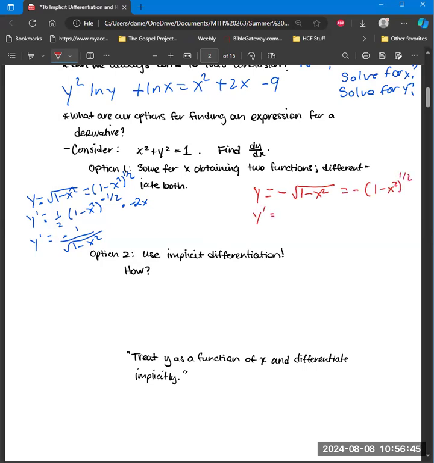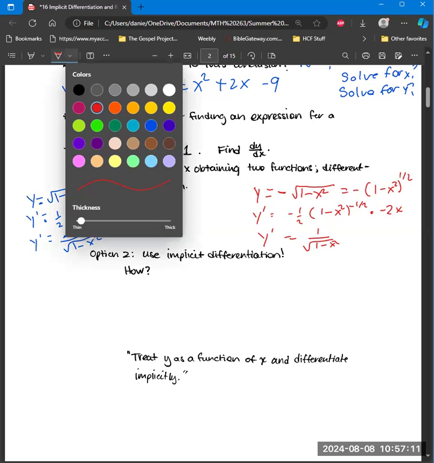So y prime will be a negative 1/2, 1 minus x squared to the negative 1/2 times a negative 2x. Negative 1/2 times a negative 2 is a positive 1. So y prime is 1 over root 1 minus x squared. And we get two different pieces there. This is the top half, this is the bottom half. And we've done double the work.